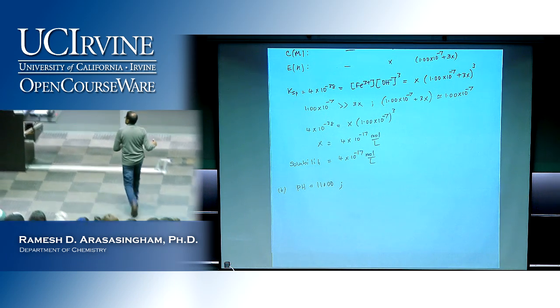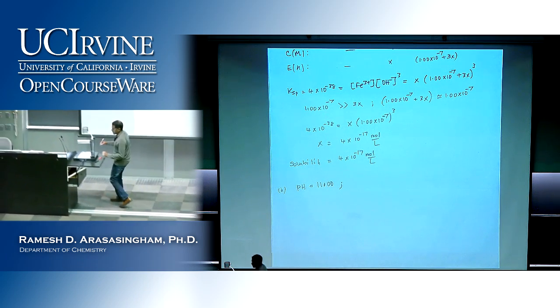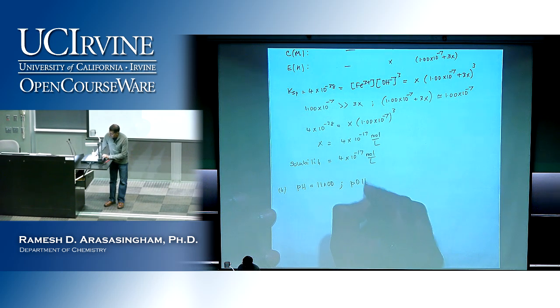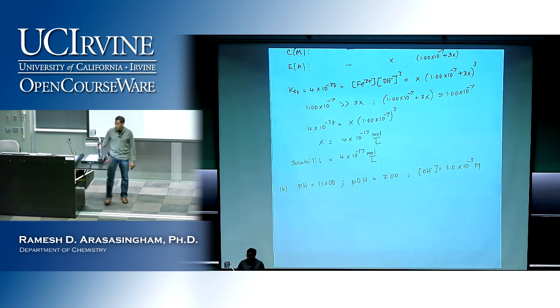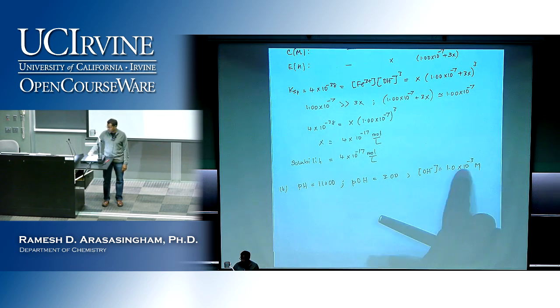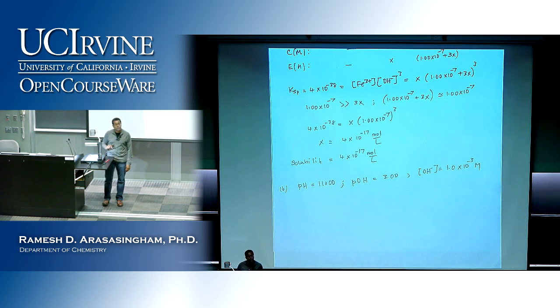Can everybody see they're giving us pH, but what we really want is pOH, and that will be 3. And if pOH is 3, what is the hydroxide ion concentration? I'm going to give my number to 2 significant figures.